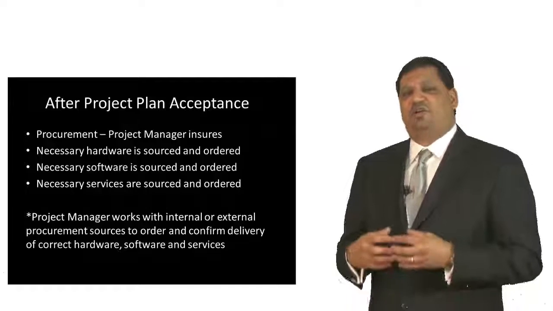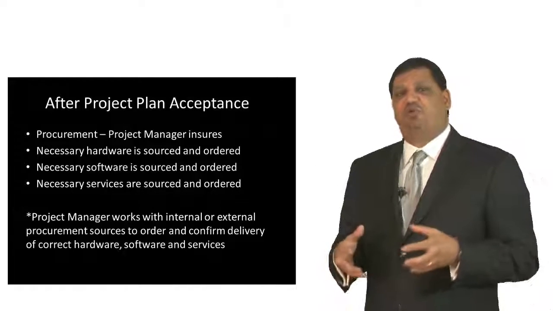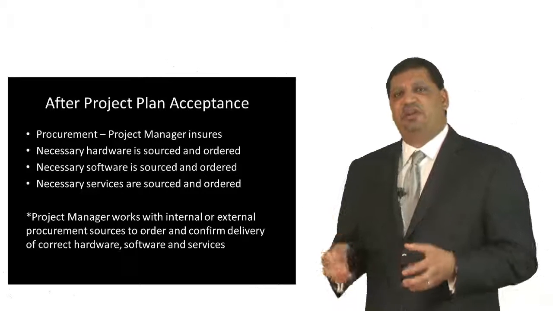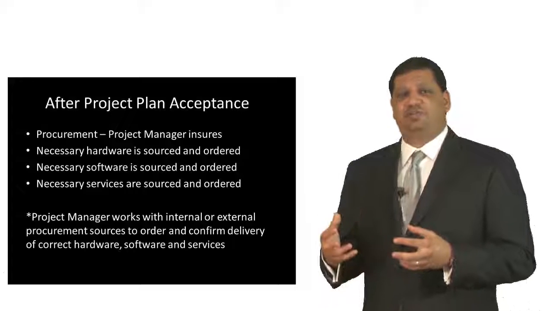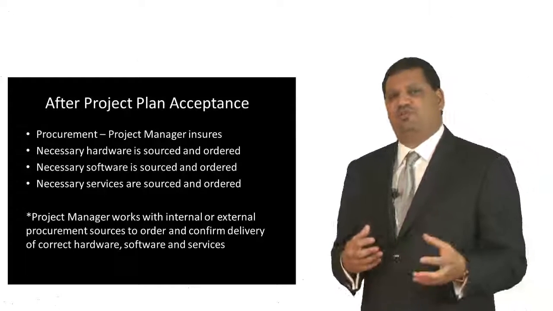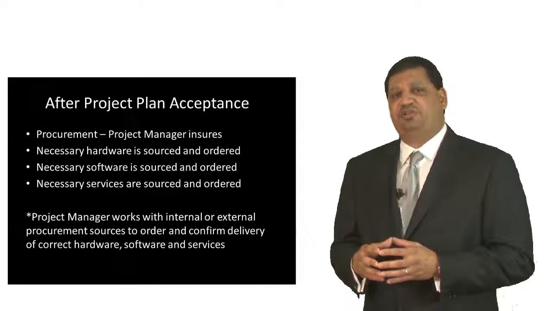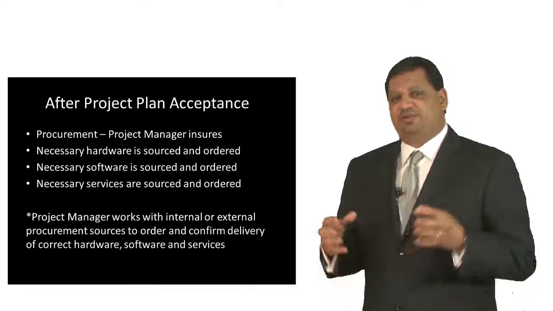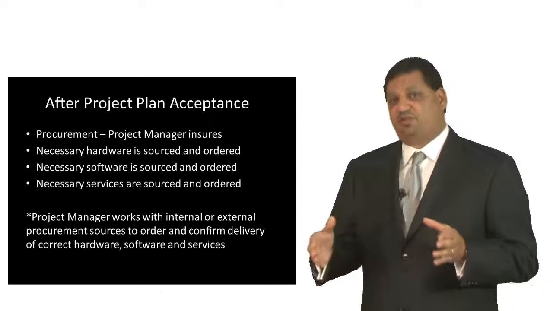Now, after the client agrees to the project plan and accepts it and signs off, then procurement begins. Your project manager then orders all the necessary hardware, software, and services required to implement the project. They work with both internal and external procurement resources, including clients' vendors perhaps, in order to make certain that everything is ordered and provisioned in a timely fashion to meet the project's success criteria.